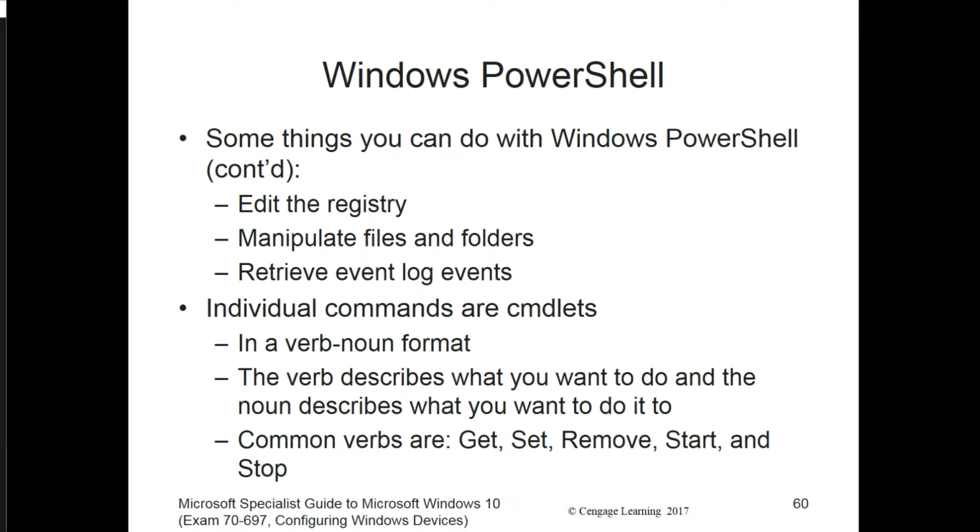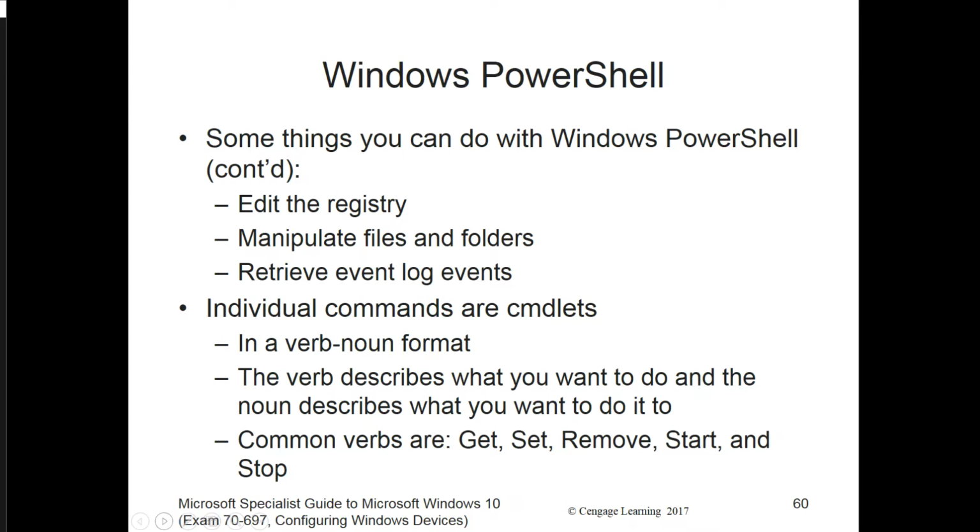Individual commands, they're called commandlets, and they have a verb and a noun. Now they start out with a verb, and the verb describes what you want to do. And the common verbs are get, set, remove, start, and stop.